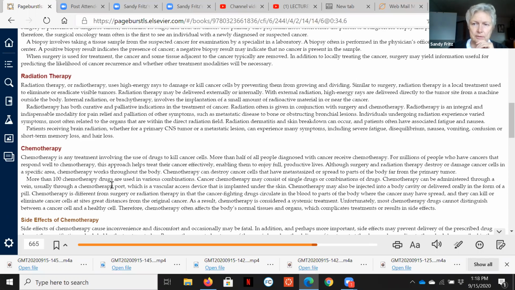Chemotherapy also targets, both of these target fast-growing cells to kill them. And so this is almost like a controlled poisoning. And so it takes a lot to be able to withstand that.